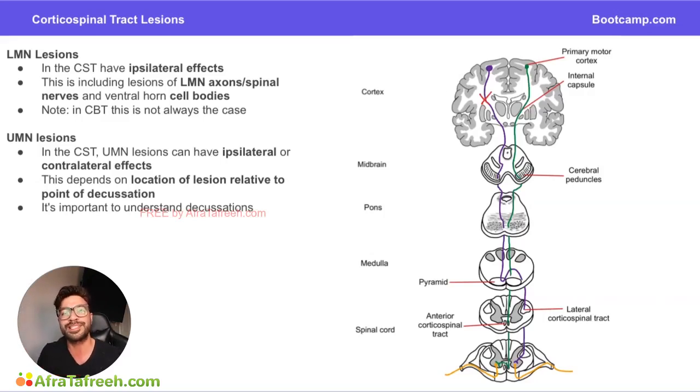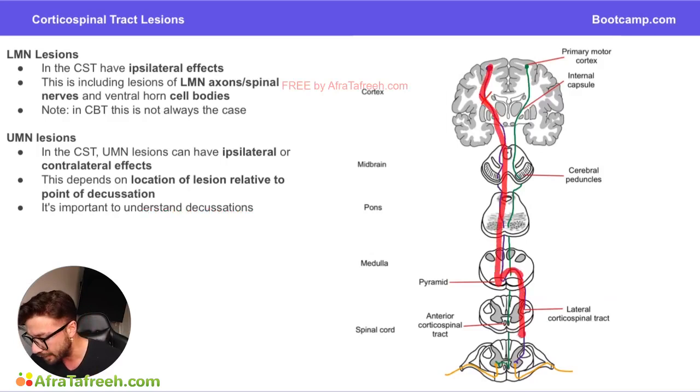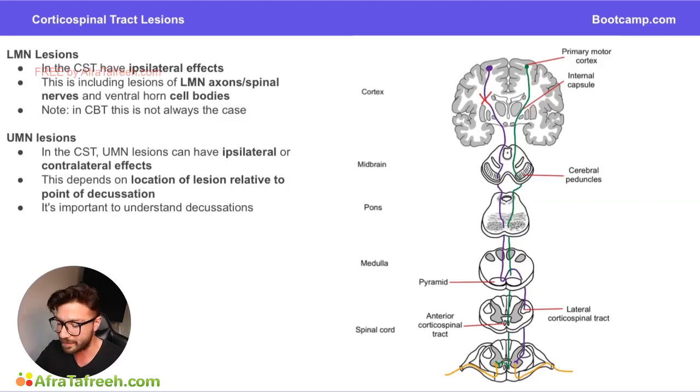Well, we're going to see contralateral effects because this neuron is going to come down and then it decussates or crosses over to the other side and it innervates the lower motor neuron on the contralateral side. Whereas if we had the same upper motor neuron lesion, but we had it somewhere right here, then you're going to see ipsilateral effects because it's already past that point of decussation. So we're going to see a loss of motor movement on that same side.